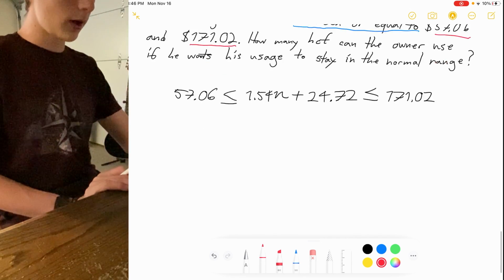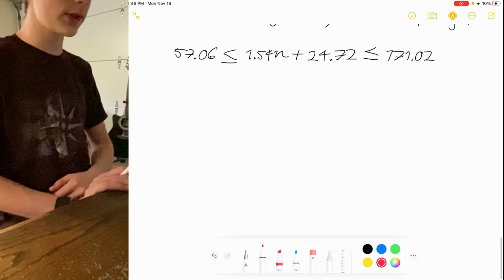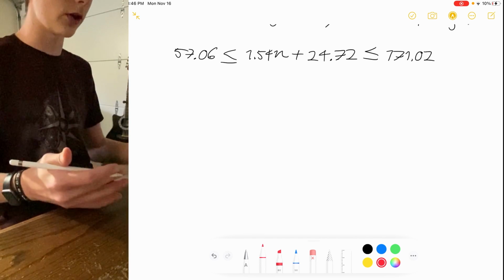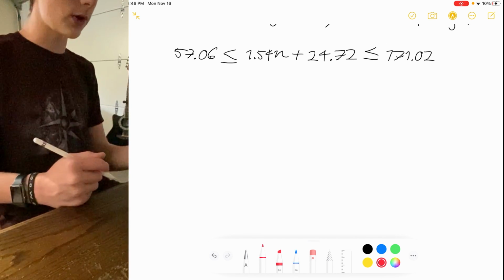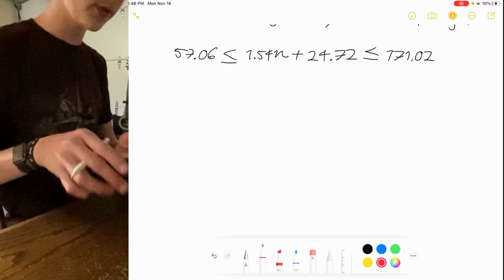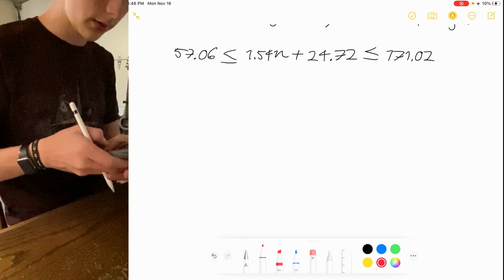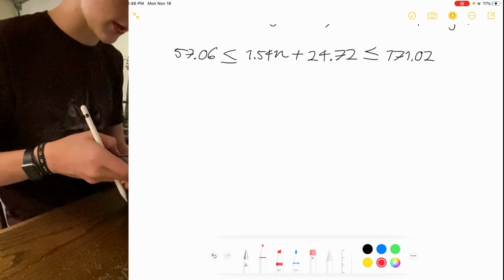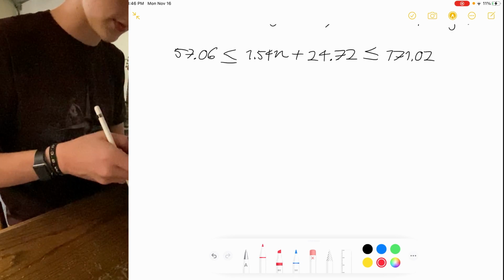So we'll just solve this compound inequality, right? So we're going to start by subtracting $24.72 from both sides. I'm going to use this calculator for that. So $57.06 minus $24.72.